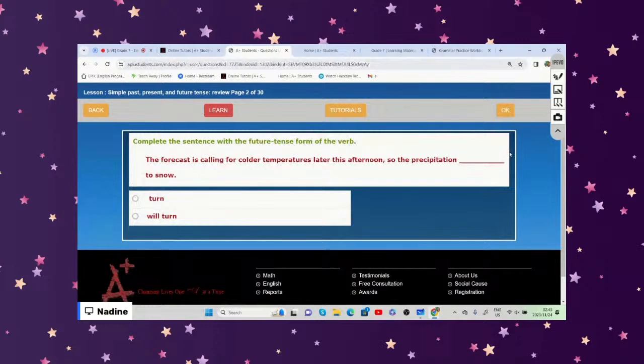So the precipitation, do we say turn to snow or will turn to snow?